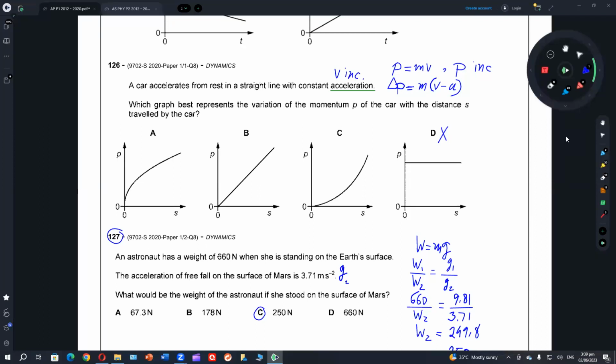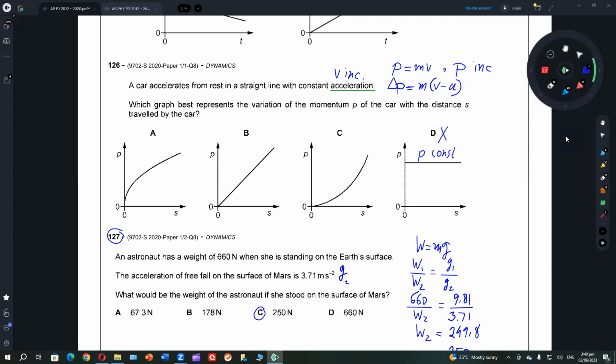But how can we relate? The impulse won't be in there. The main challenge is how we can relate this. It is either A or B or C. D is wrong because it shows momentum is constant. So that is not selected.